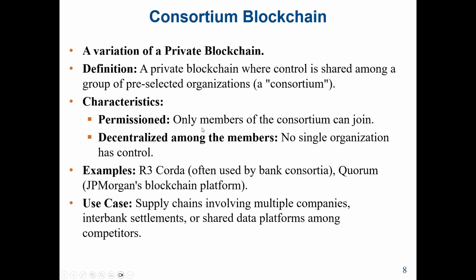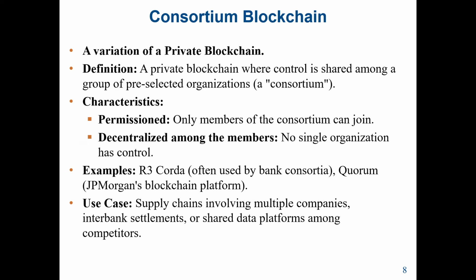The key characteristic is that it is semi-decentralized. Control is distributed among multiple members of the consortium, not a single entity. Only the members of the consortium can join the network and validate transactions.